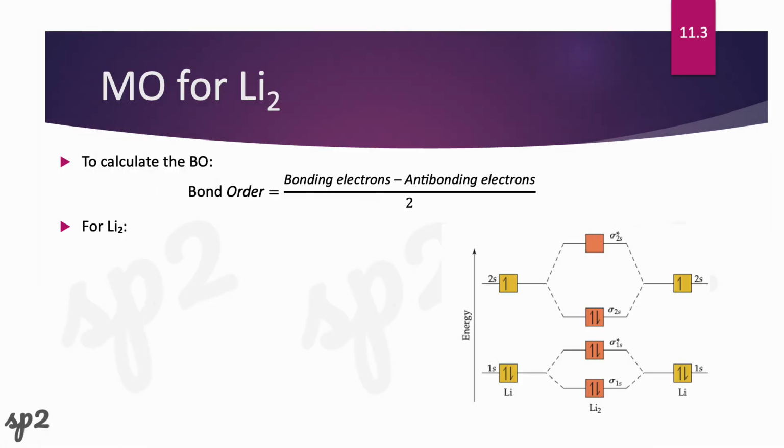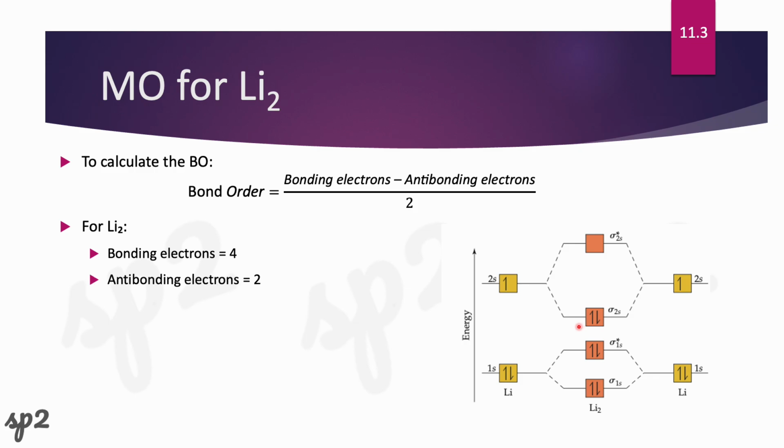Now that we have the MO diagram, we can go ahead and calculate the bond order for this molecule. When you're looking at your bonding electrons, you've got 2 electrons in sigma 1s and 2 electrons in your sigma 2s. That means altogether we have 4 bonding electrons.